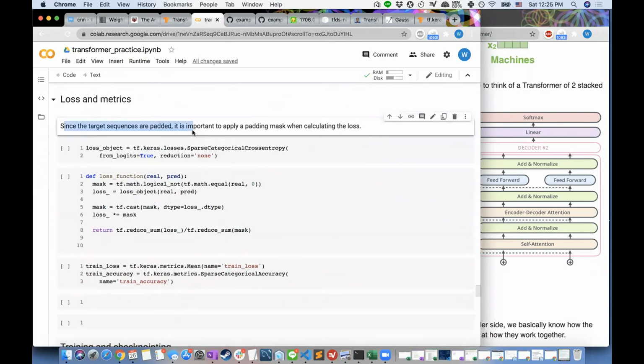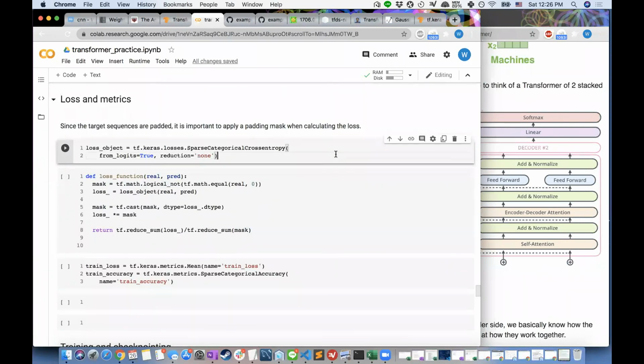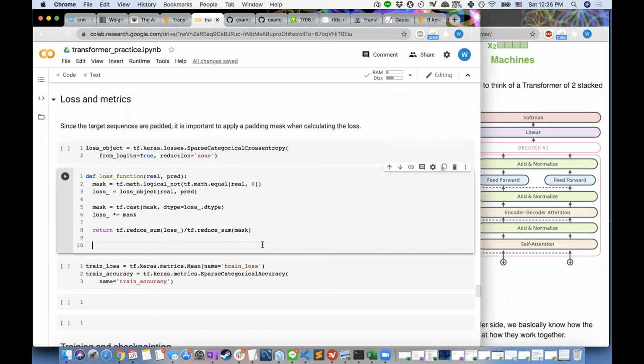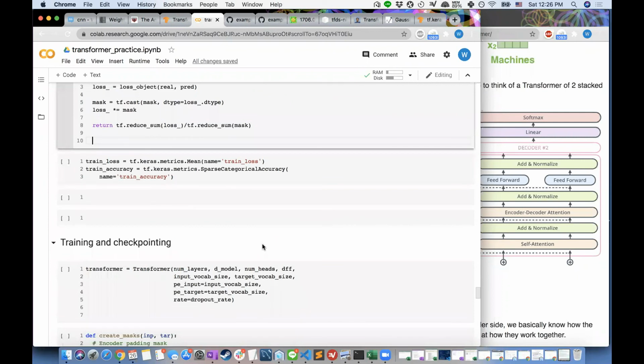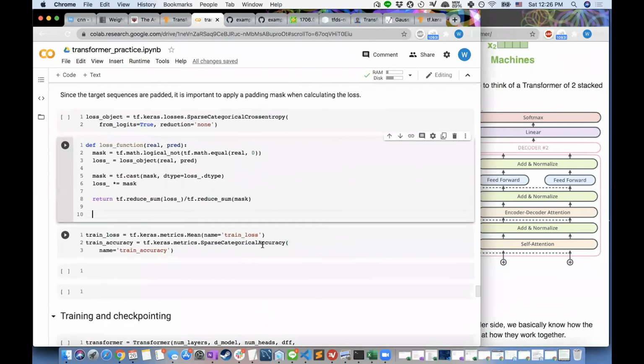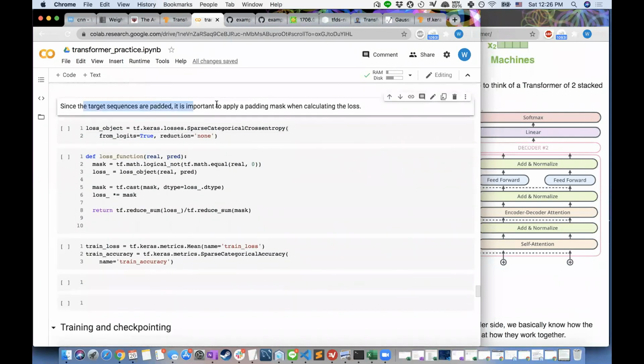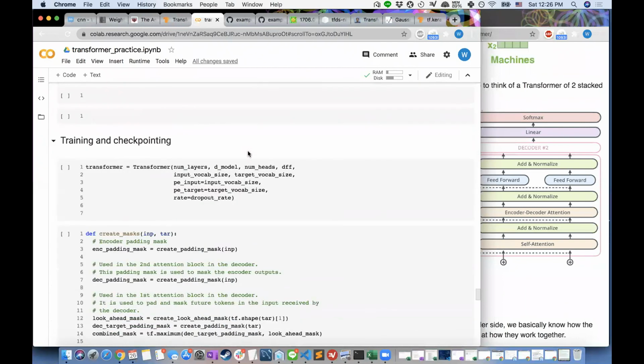It says, since the target sequences are padded, it's important to apply a padding mask when calculating the loss. That's interesting. I didn't realize that we need a mask in the loss function as well. Because the target sequences are padded, we need that.